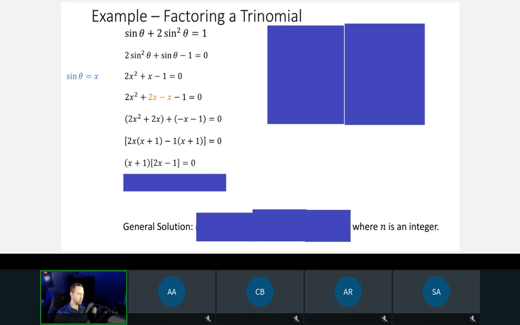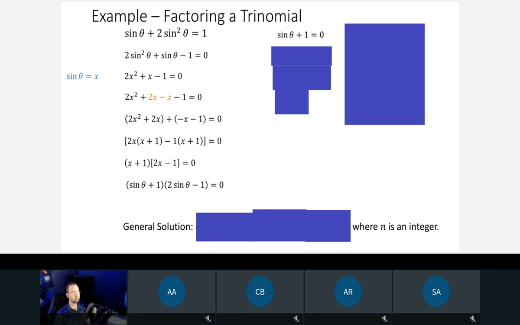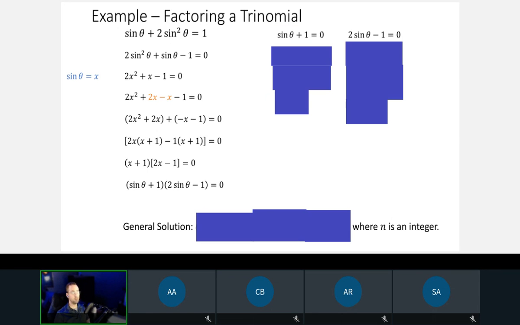And like yesterday, like I explained, we only replace sine theta with x to begin with because factoring a problem with just x's looks easier than dealing with one that has sine thetas and sine squared thetas. It's just an appearance thing. All right, then once they're factored, we set them both equal to 0. And then we solve them both.